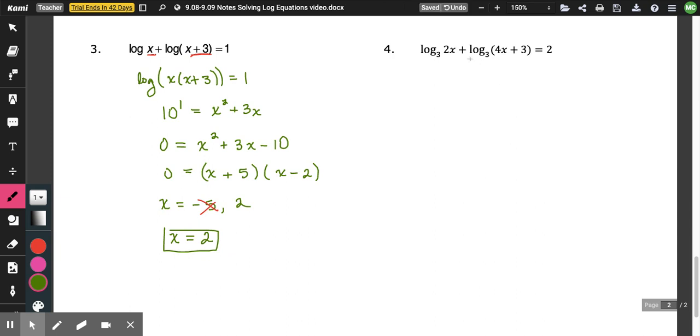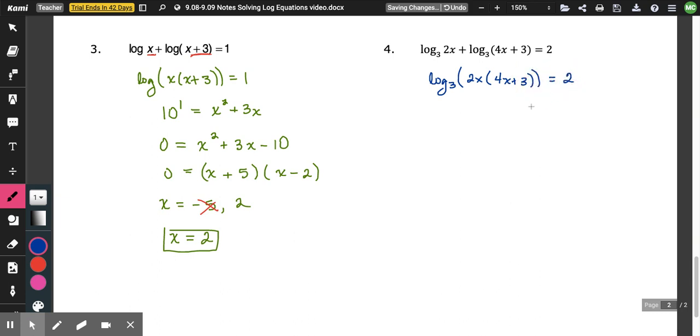Let's try one more like that. So over here on the right, again, on the left side of the equation, I've got a log plus a log, and on the right side, I've just got a plain number, no logarithm involved. So my first step would be to condense the left side of it. I'll do that using the product property. So that would be 2x times 4x plus 3.